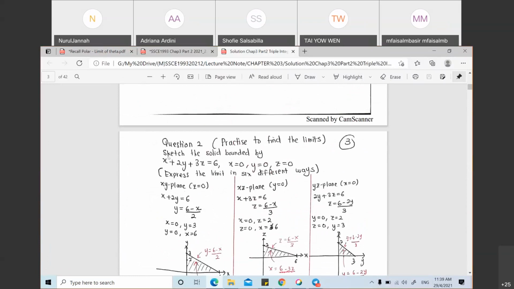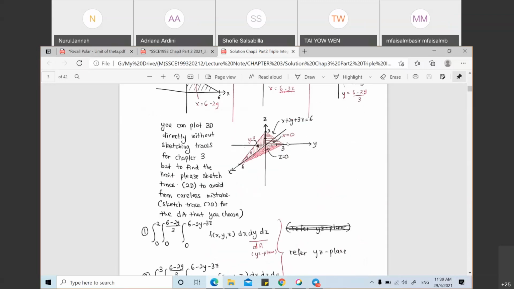For this plane, when y and z are 0, x is 6. When y and x are 0... when z and x are 0, y is 3. So I just have 2, 3, and 6. Okay, 2, and then we have 6, and also we have 3.